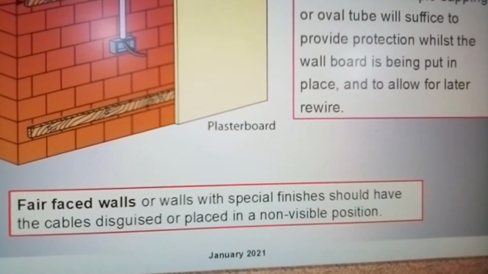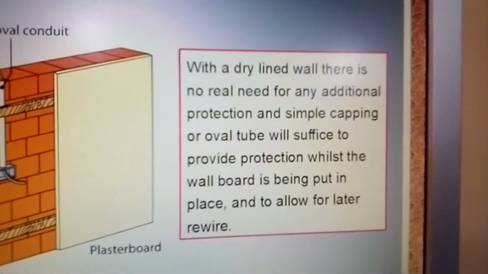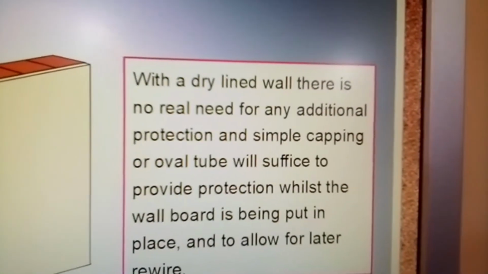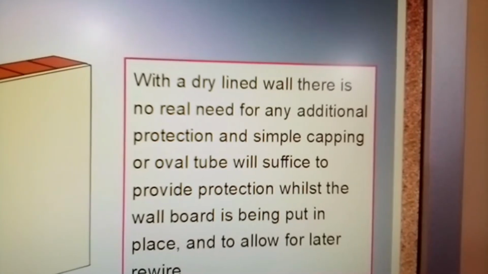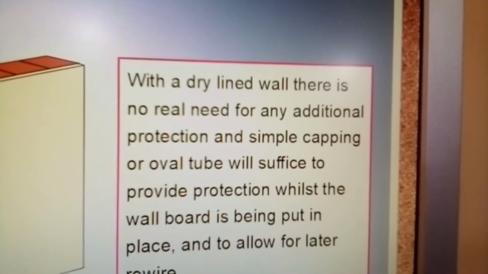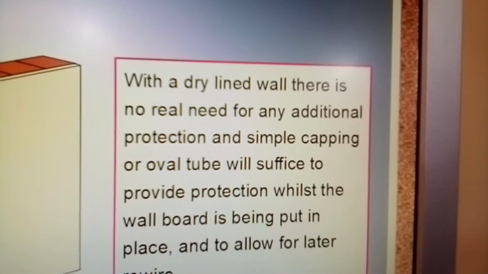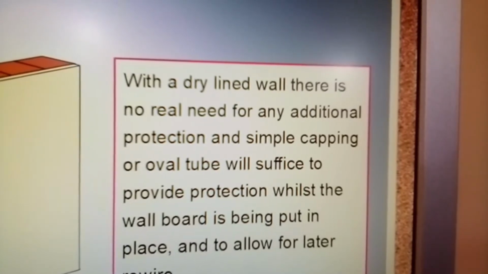Okay, that's just to make sure you can see that. With a dry line wall, there is no real need for any additional protection, and simple capping or oval tube will suffice to provide protection whilst the wall board is being put in place and to allow for later rewire.